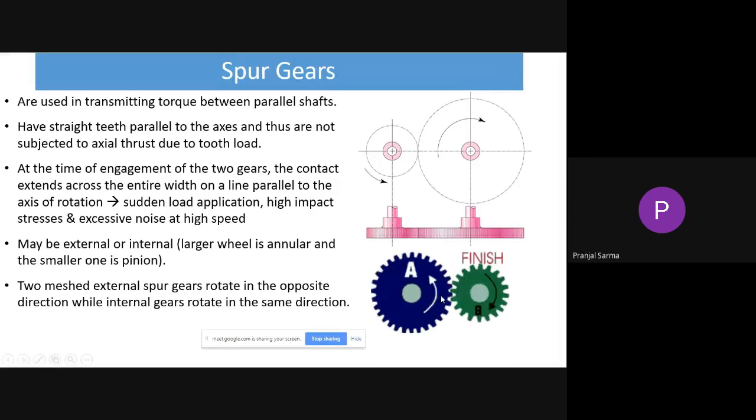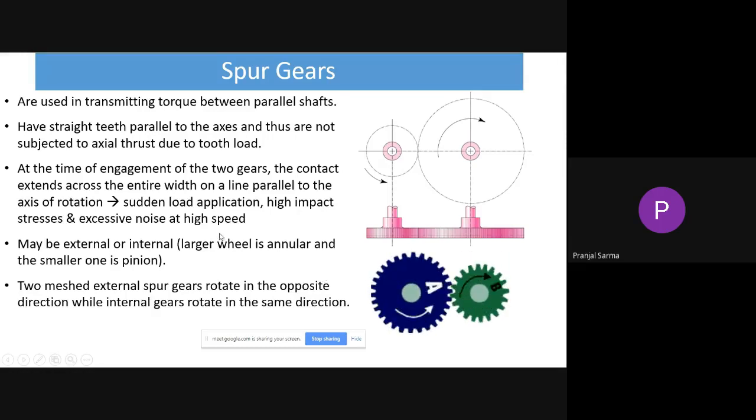But during the time of engagement, the contact extends across the entire width. Throughout the width of this particular tooth of gear A, and throughout the width of this tooth from gear B, the whole width is in contact. It extends like a line which is parallel to the axis of rotation, because the teeth are parallel to the axis of rotation.